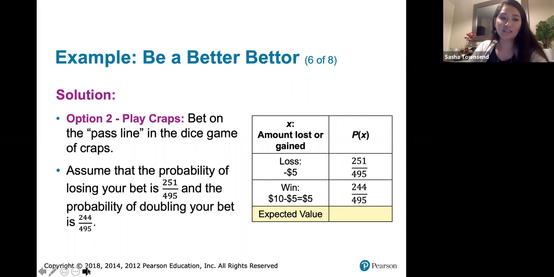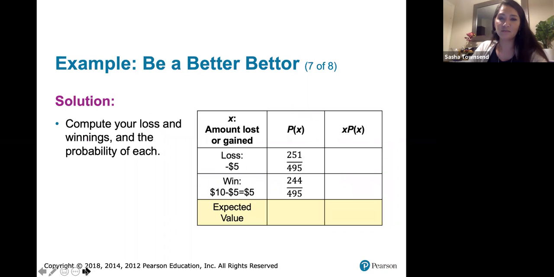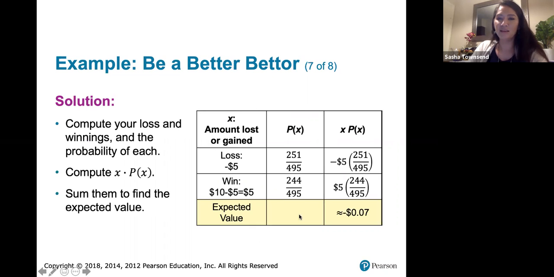If I want the expected value now, I multiply in each row and then I add the results. If I take this number and I add this number, I get about -7 cents. So this is telling me that if I were to continue to play craps and continue betting on that pass line, after a really long time, I would lose about 7 cents per game.